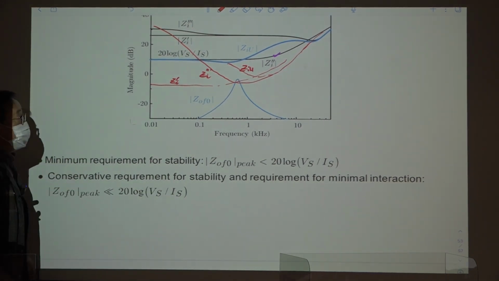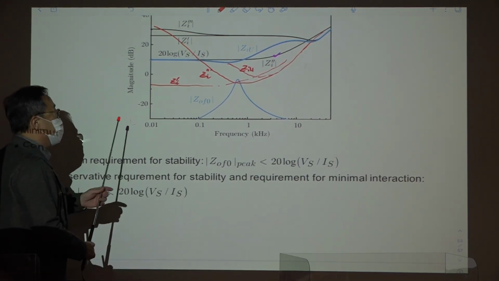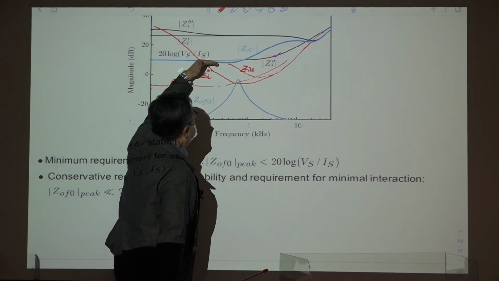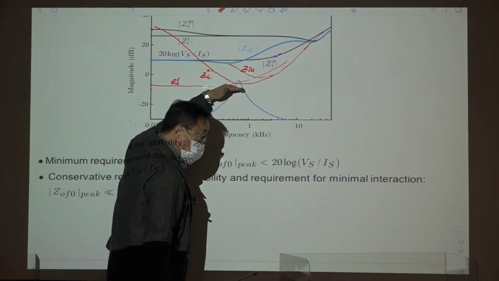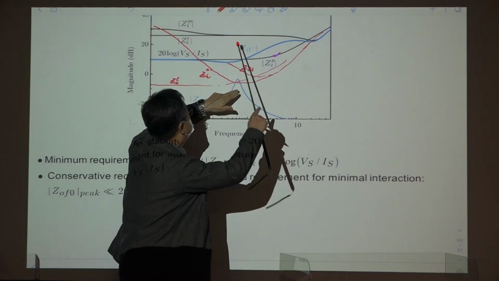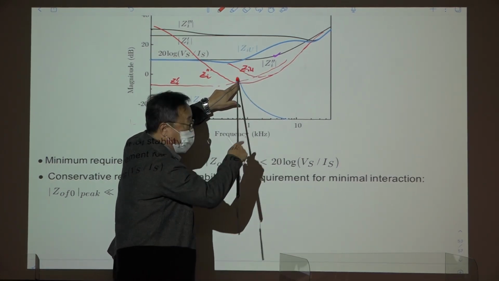Okay? So for this case, the conservative requirement for the stability is to keep a wide distance between this value and this value. Then it automatically satisfies a wide distance between this open loop input impedance and the output impedance of the filter.